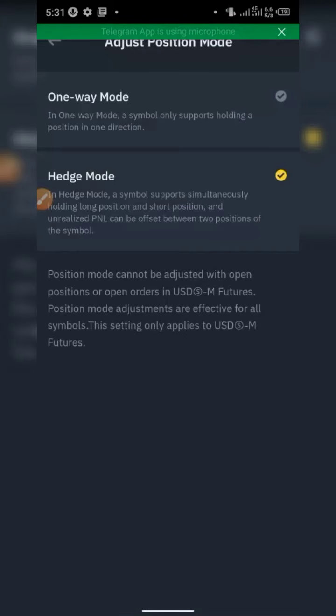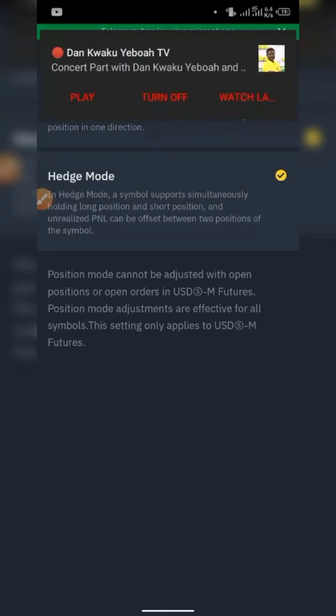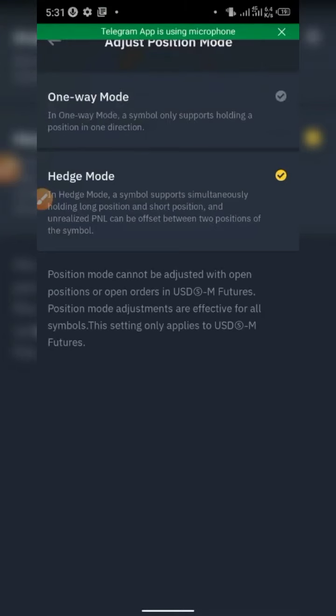So we have one way. With one way, you can only enter a trade in one direction. That is, you either short or you long. With hedge mode, you can long and at the same time short a particular asset. The same asset, you can long it and you can short it.